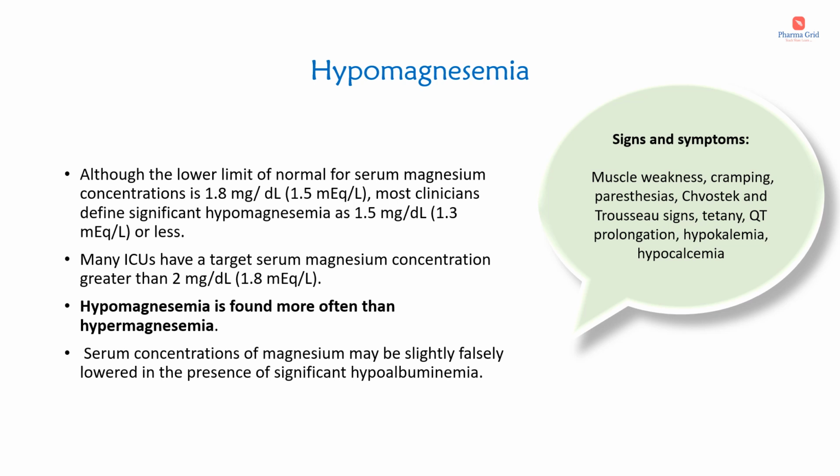Hypomagnesemia is found more often than hypermagnesemia. Serum concentrations of magnesium may be slightly, falsely lowered in the presence of significant hypoalbuminemia. The signs and symptoms include muscle weakness, cramping, paresthesias, Chvostek and Trousseau signs, then tetany, QT prolongation, hypokalemia, then hypocalcemia.